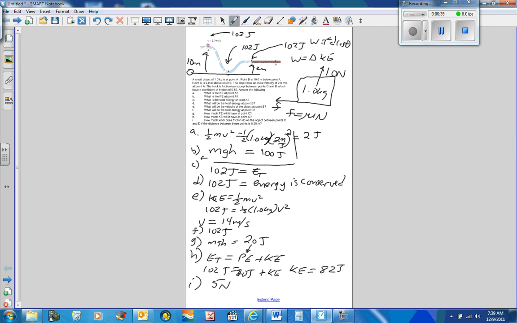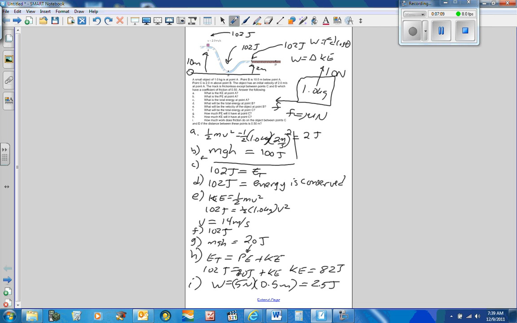That's friction. Let me erase all this. I'm going to say work equals 5 newtons, force times distance, right? And how far is it? It's not 5 meters, it's 0.5 meters. 0.5 meters, and that tells me I'm going to have 2.5 joules of work done.